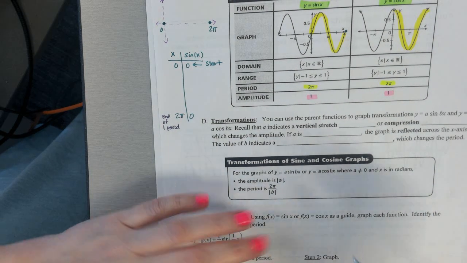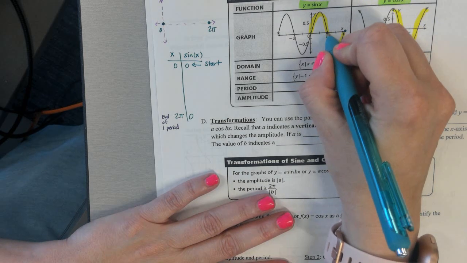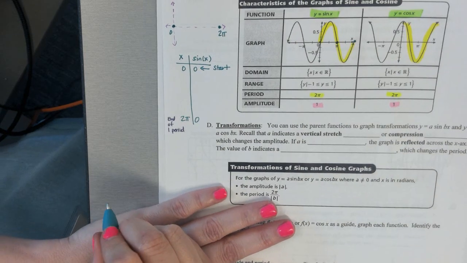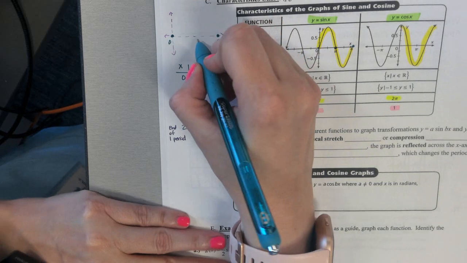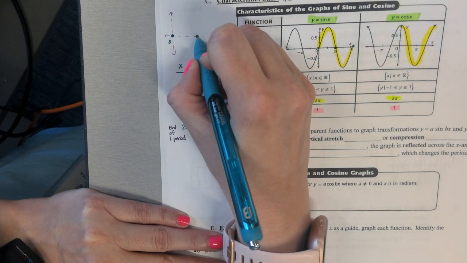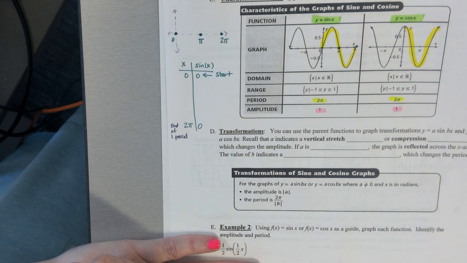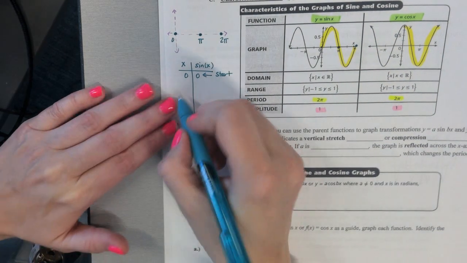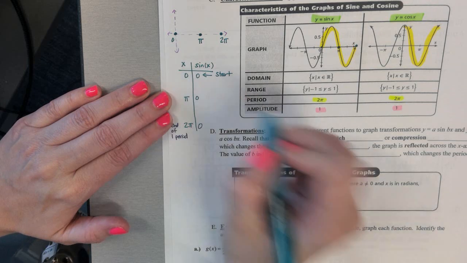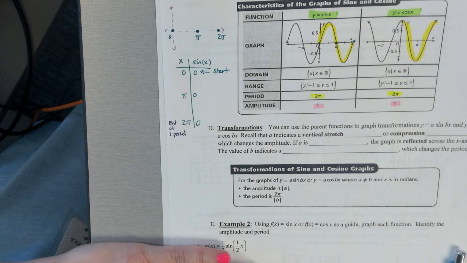Now, what happens halfway in between is it goes to 0 again. So halfway between 0 and 2 pi is 1 pi. Okay, so this is what I just call the halfway point.